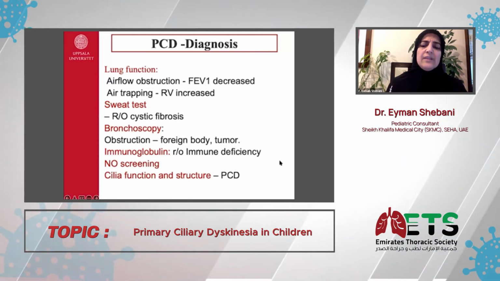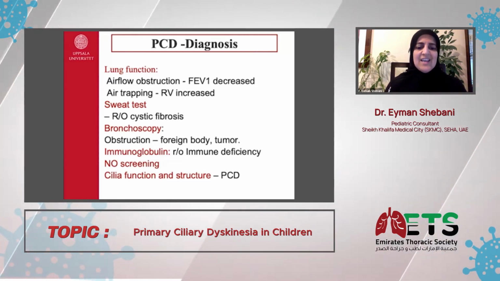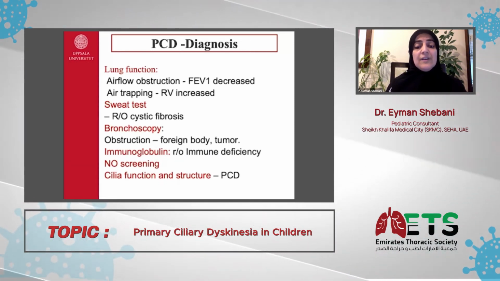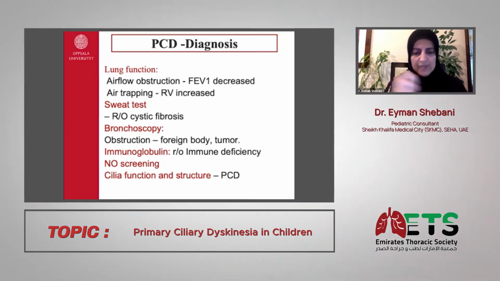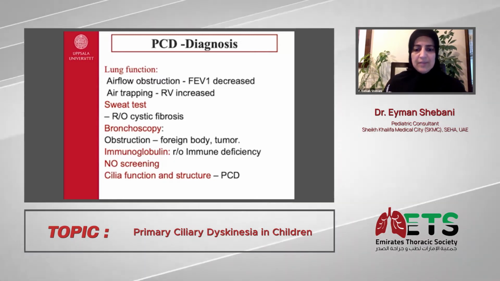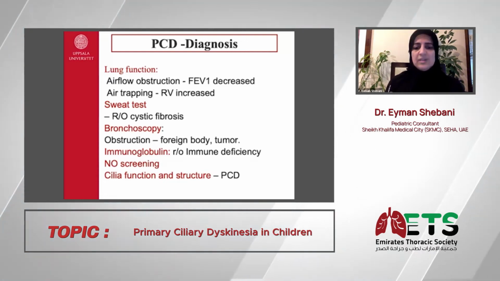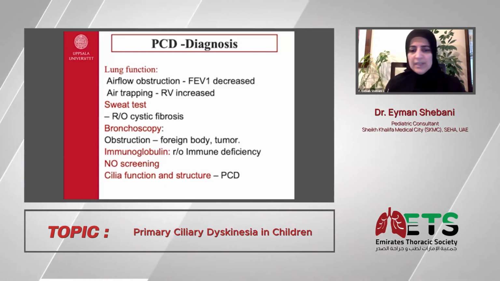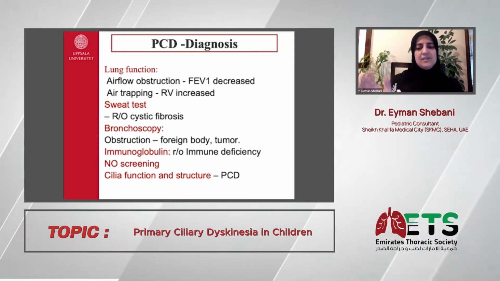And then of course, like I said, before genetics came into play, you needed to look at the cilia function and structure. When it came to cilia function, when you take the brush biopsy, if you're in a center with access to a light microscope, you can immediately put it on a slide, and if it's fresh, you might even see the cilia still moving before the sample is destroyed.